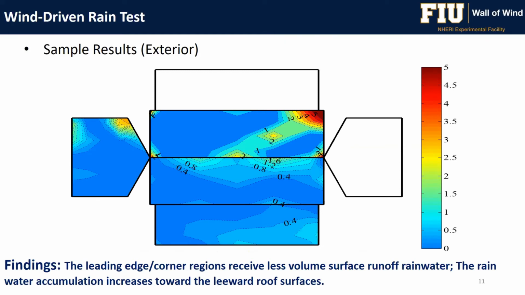So the wind is coming from the bottom left, and there was a lot of accumulation on the opposite corner of the building. This is expected. We have a flow separation and then reattachment on the opposite corner, and that's where we saw a lot of surface runoff rainwater accumulation. And this was a very interesting finding.